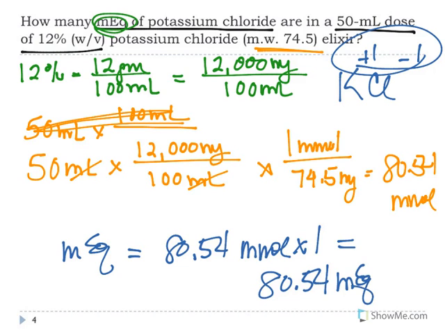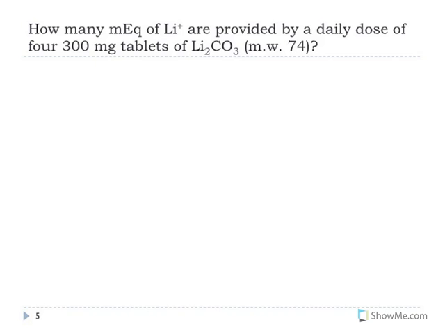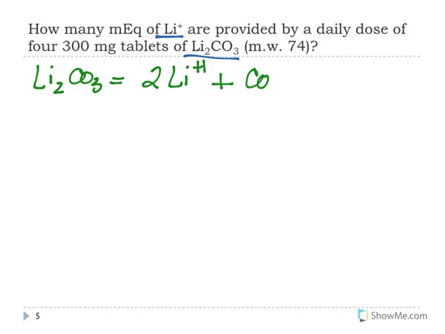But let's look at some examples where the valence isn't 1. So next we're being asked for milliequivalents of lithium, and how many milliequivalents of lithium are provided by a daily dose of 300 milligrams of lithium carbonate. So first of all, let's start at the beginning with the valence and figure that out. What is lithium carbonate? Well, Li2CO3 dissociates to 2 lithiums, which are a +1 charge, and 1 carbonate, which is a -2 charge.